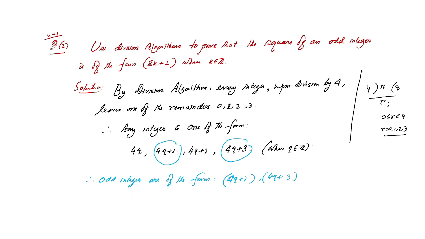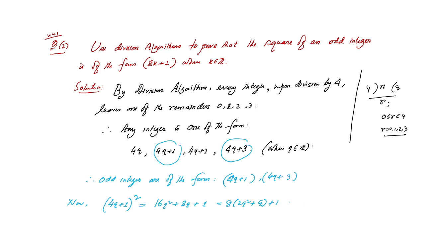If we take 4q plus 1, now we'll check whether the square of an odd integer is of the form 8k plus 1. So we take the form 4q plus 1 and square it, and that will be 16q square plus 8q plus 1. So we can write 8 into (2q square plus q) plus 1.